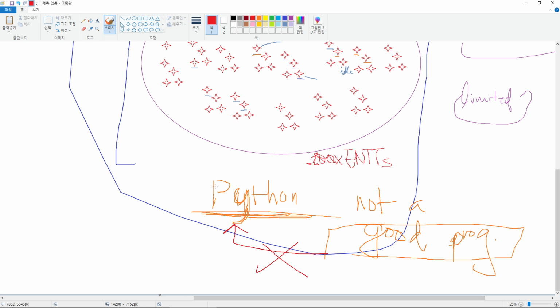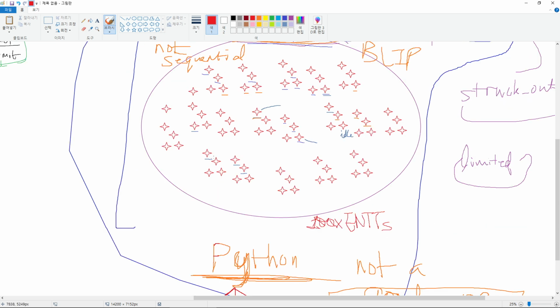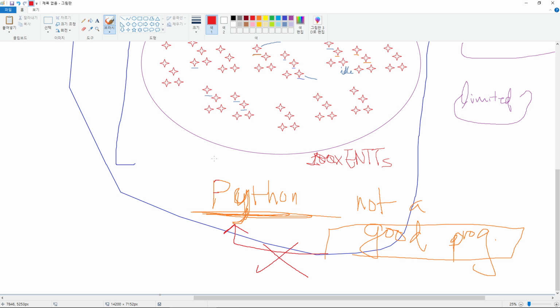But since Python is almost the only computer language that I know how to use in some areas, up to a decent level, I'm still going to try it in Python.